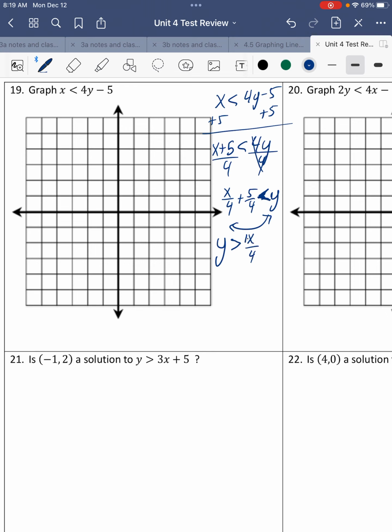x divided by 4. The number in front of the x is a 1. And then 5/4. So we're going to graph 5/4. So the y-intercept is 5/4, which is 1.25. If you check on a calculator. And then our slope is up 1 and right 4. We can go down 1 and left 4.